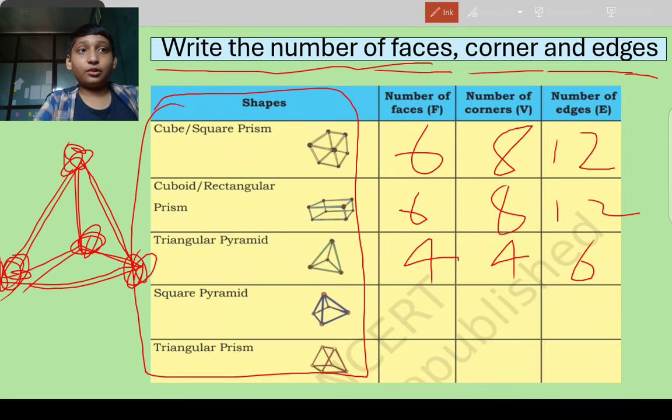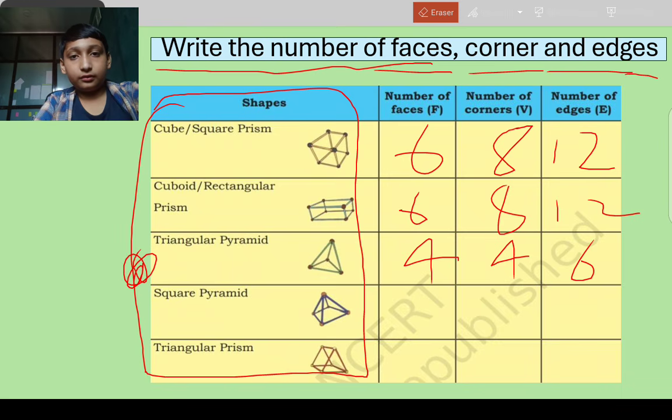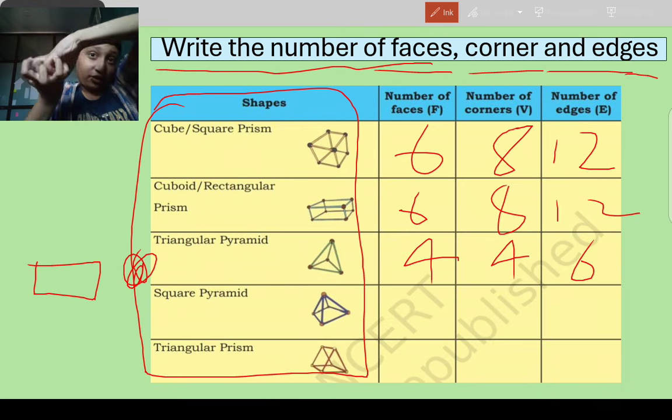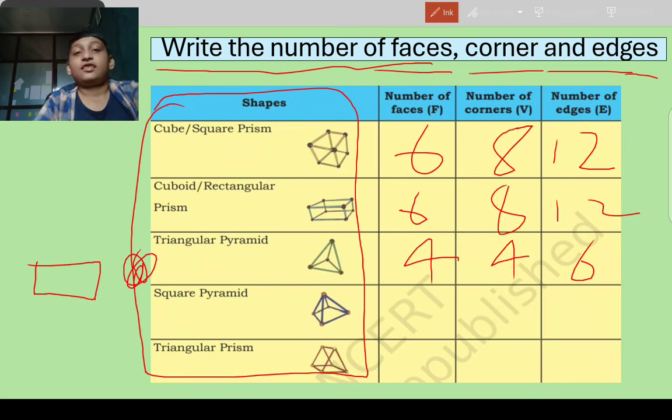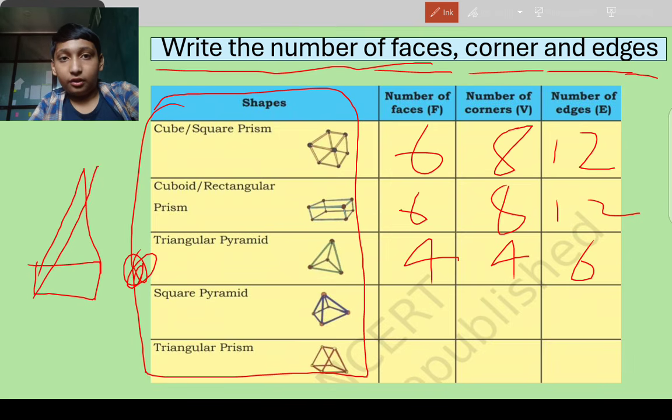Then we got a square pyramid. Now in this, you have to make a squashed or crushed square, and then join the dots.